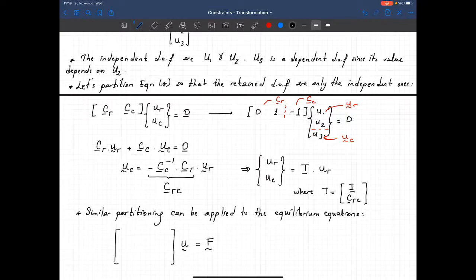And in the stiffness matrix, I'll have KRR, KRC, KCR, and KCC. Okay? That's the way we partition the stiffness matrix.